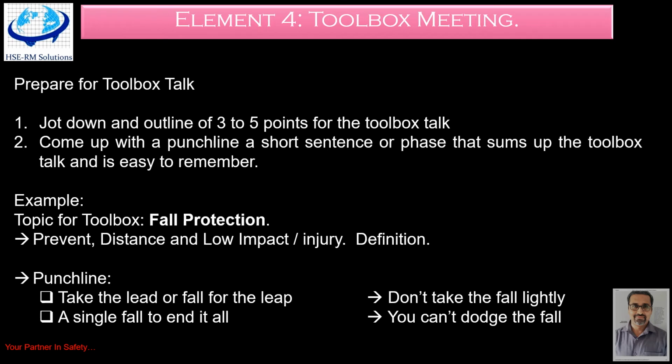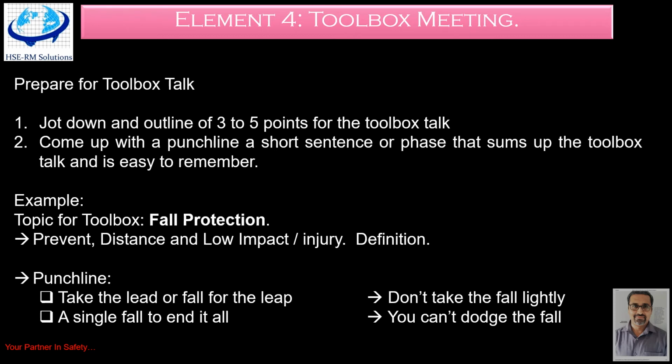Suppose you are supposed to talk about fall protection. When you are going to talk about fall protection, what will you do? The very first aspect is you need to explain the definition. So what does the fall protection definition say?